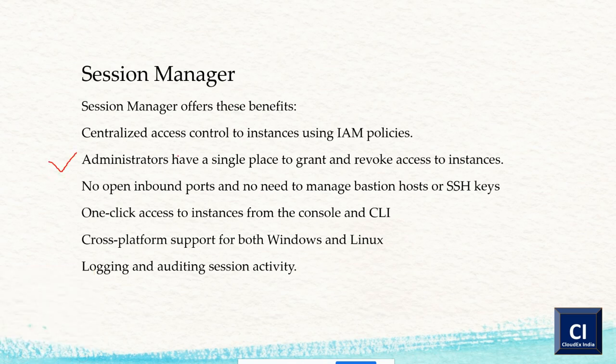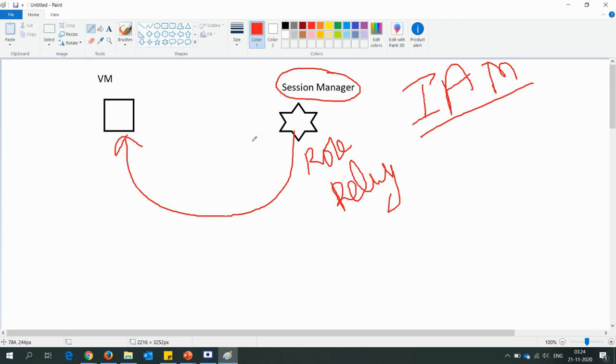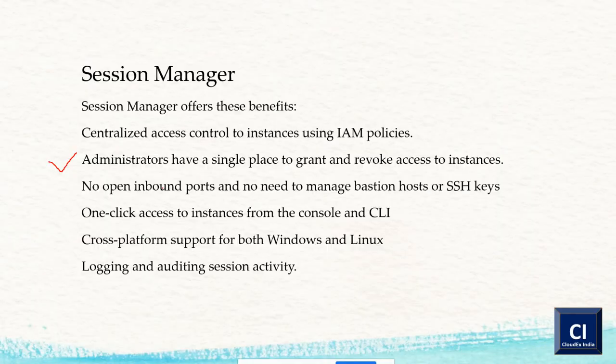And the second option is that the administrator has a single place to grant and revoke access to instances. So from a single place you can manage all your virtual machines. No need to open inbound ports and no need to manage a bastion host or SSH key. What does it mean? Let's talk about one by one. It is saying you need not open the port.